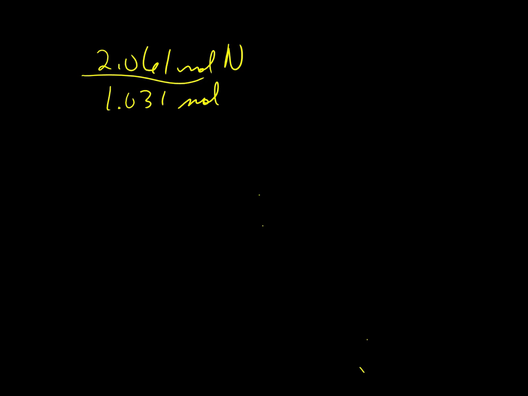Then we had 2.061 moles of nitrogen for 1.031 moles of oxygen. Do you actually need to do the division on this one, or can you see what the answer is going to be? It's 2 to 1. Right?